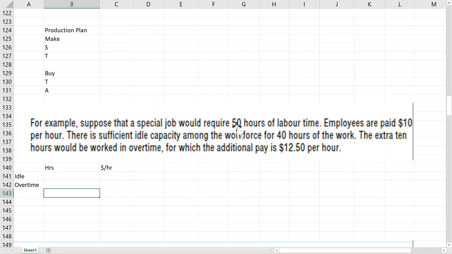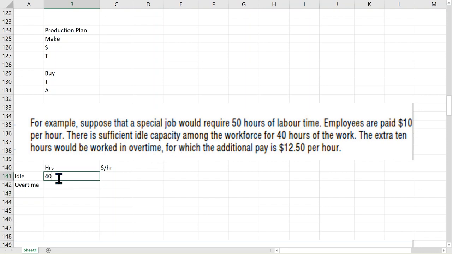So there is a job that requires 50 hours, and we pay our employees $10 per hour. There is sufficient idle capacity among the workforce for 40 hours. It means there is 40 hours extra available where there is no extra cost. And then because it requires 50 hours, we can do 10 hours overtime.